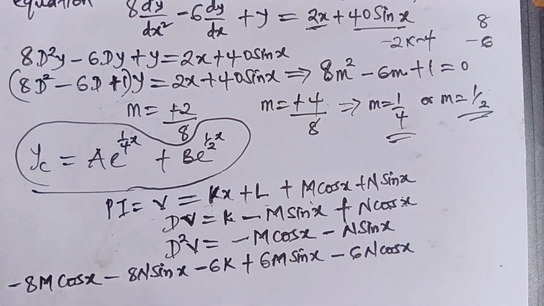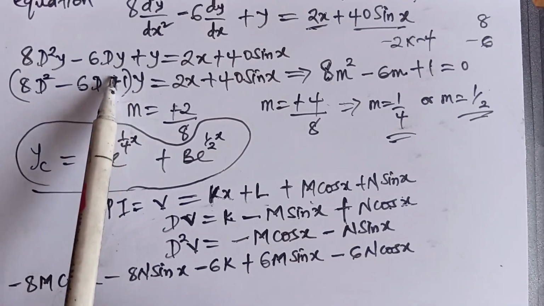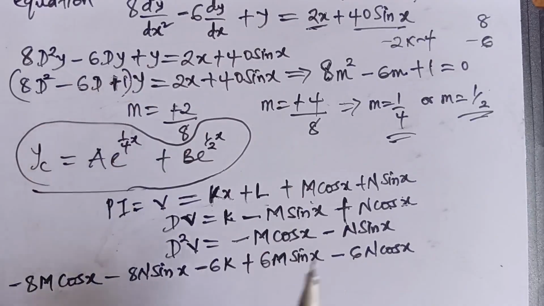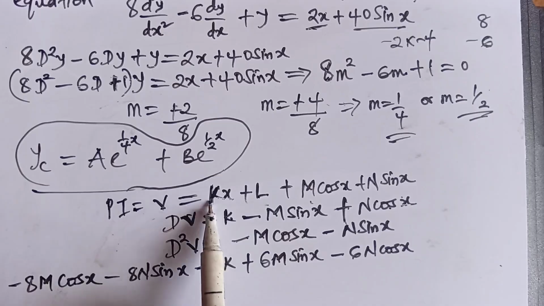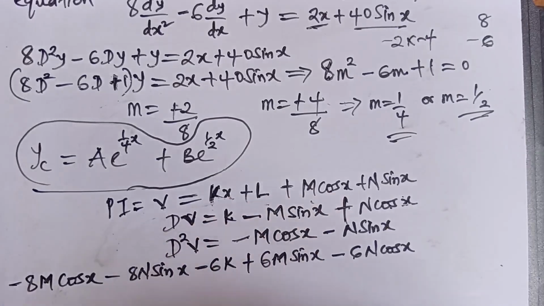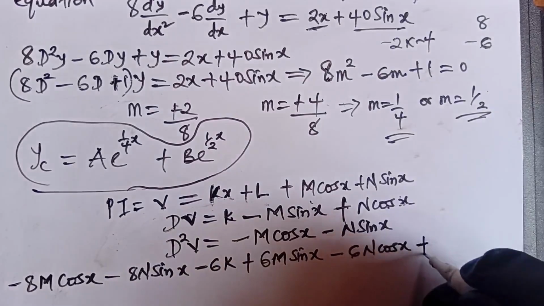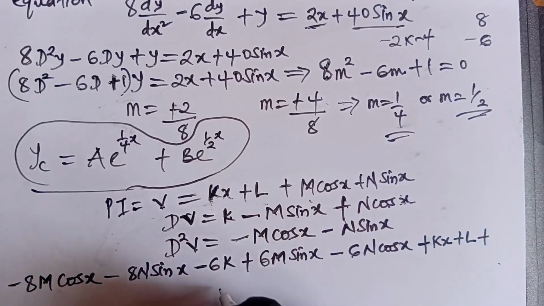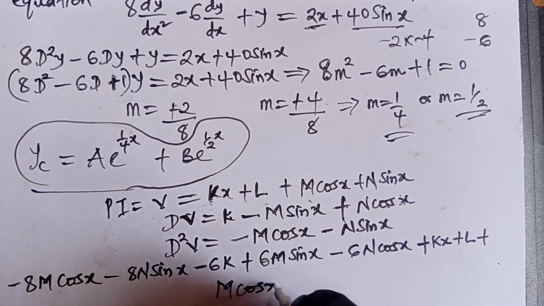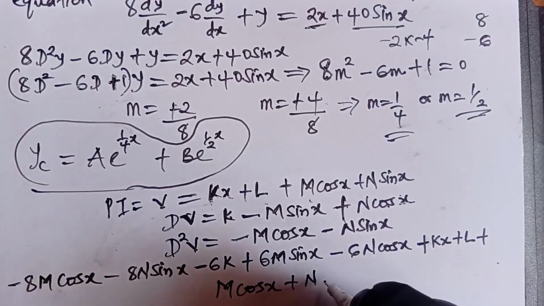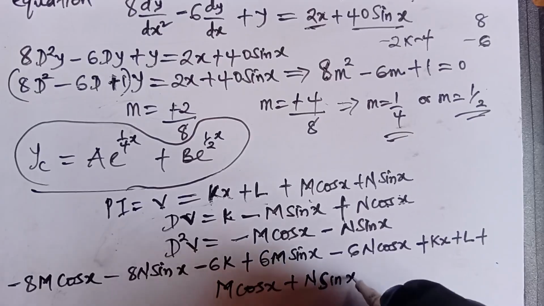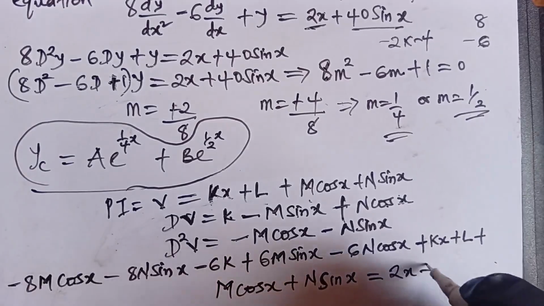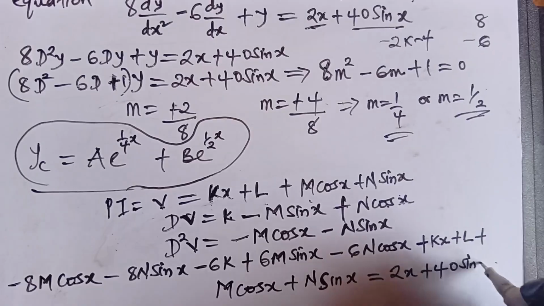Then we have 1, and 1 times y is y, which is the particular integral itself, so I'm going to write everything there: plus kx plus l plus m cos x plus n sine x, equal to the right hand side, that's 2x plus 40 sine x.